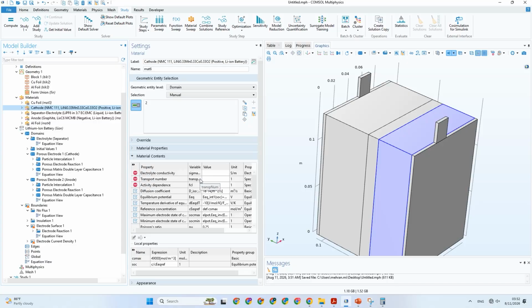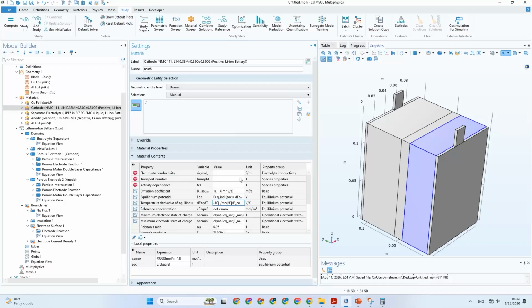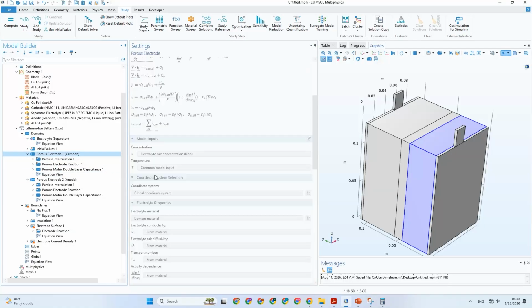Let me define the cathode. Sigma. Okay, let me check this one again.